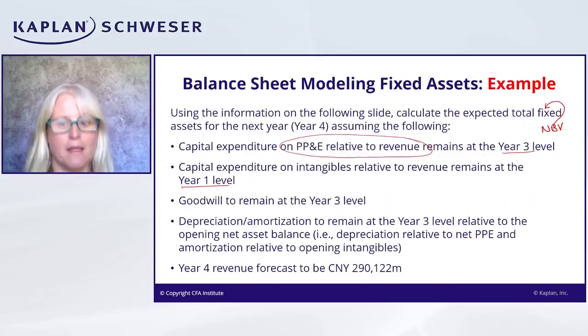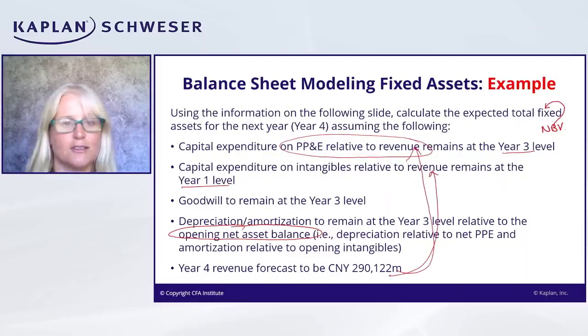Goodwill is not going to be written down, and depreciation and amortization is going to be a constant proportion of the opening balance. Opening, not closing. This year's opening balance is last year's closing balance, and we're told what revenue is forecast to be, so we have the ability to calculate what we think capital expenditure will be.